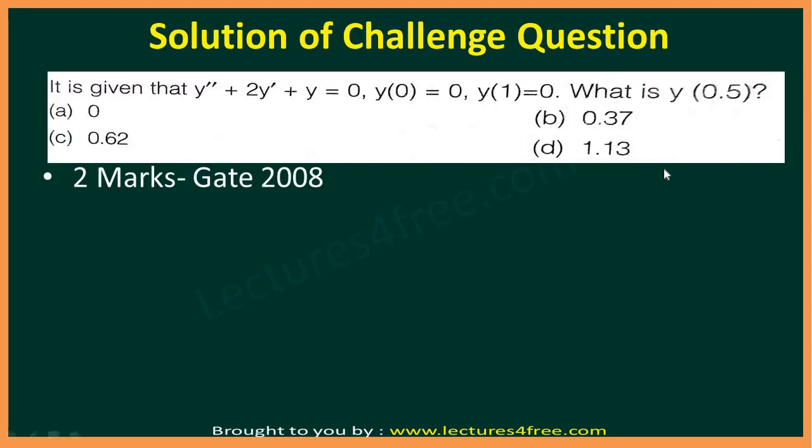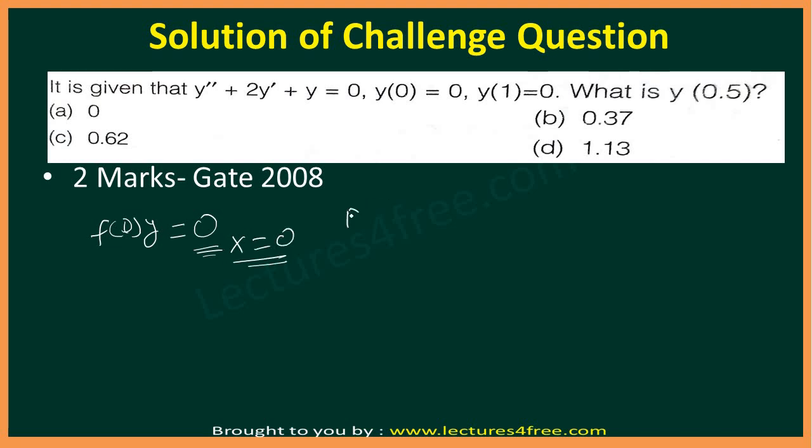Now let's see the solution of the challenge question that we gave in my previous lecture. It is given that y double dash plus 2 y dash plus y is equal to 0, with y(0) equal to 0 and y(1) equal to 0, then what will be the value of y(0.5)? Here the equation is of the form f of D times y equal to 0, so capital X is 0.